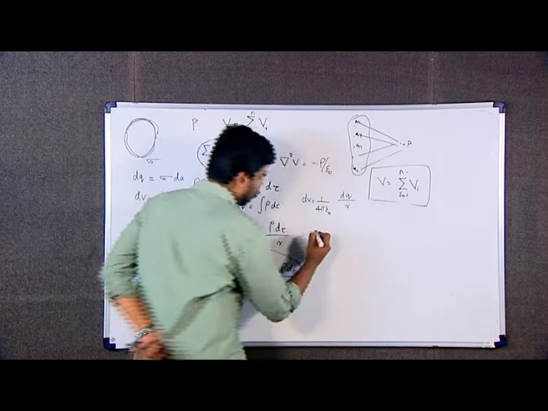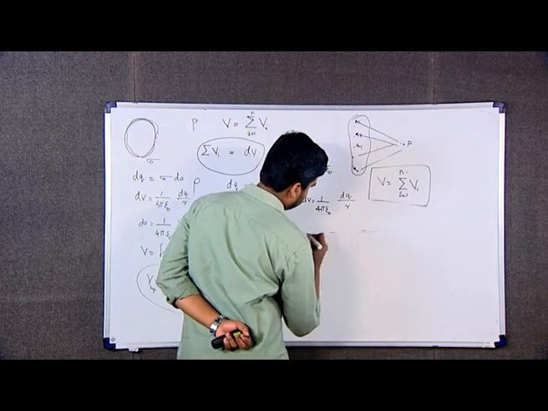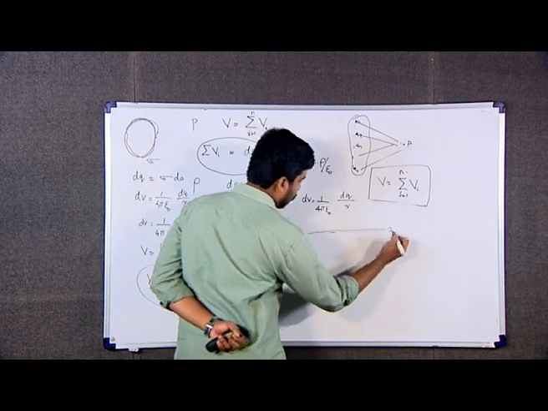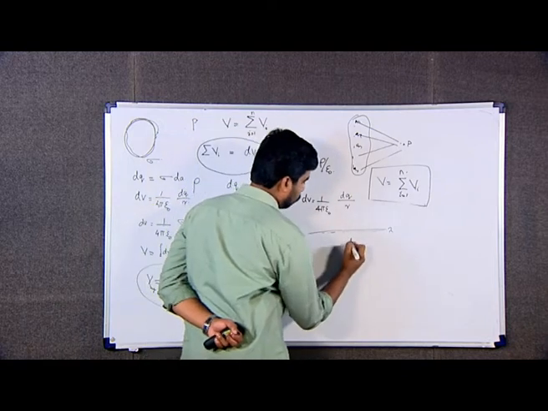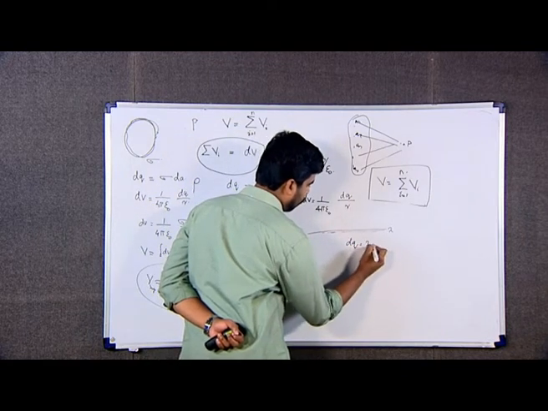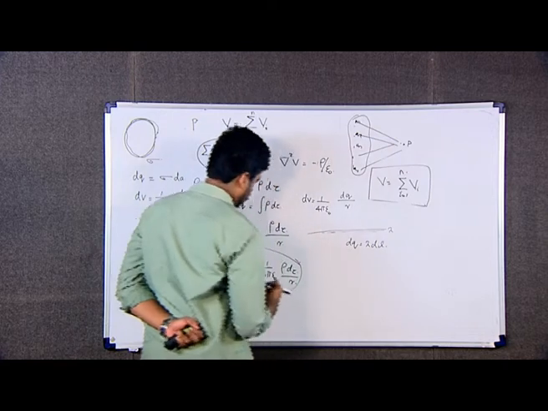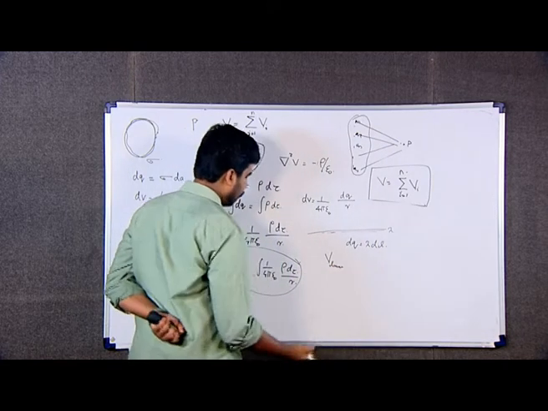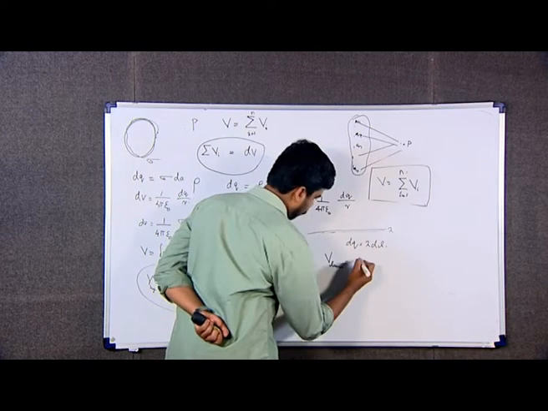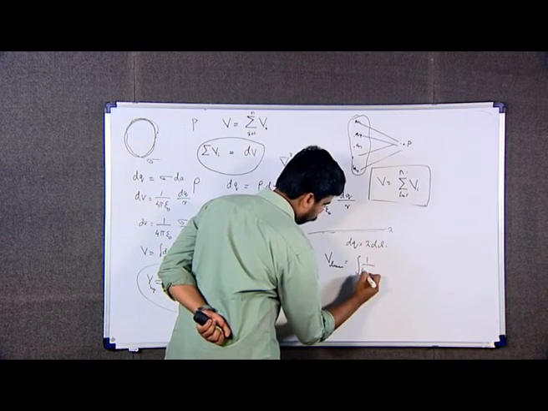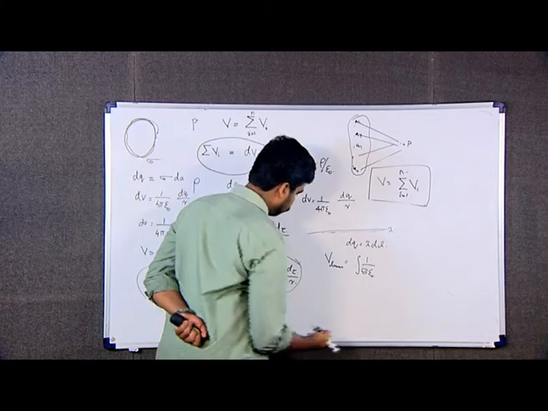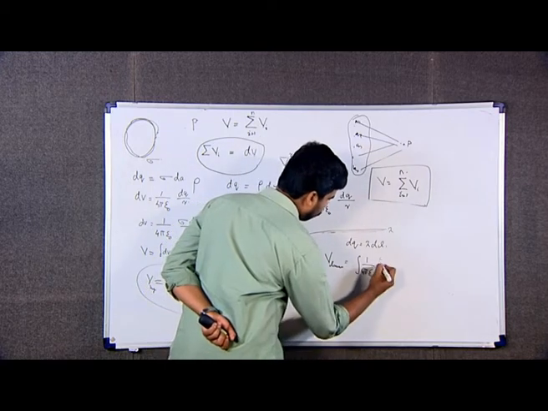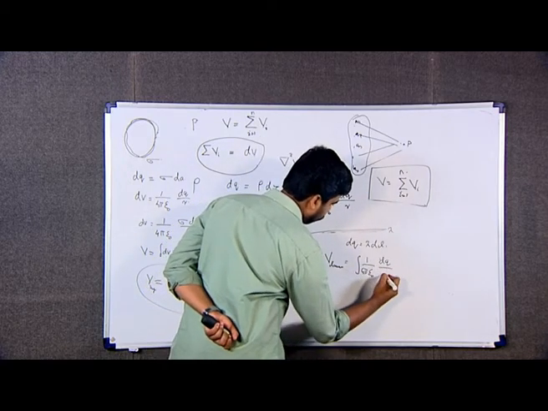And if the charges are arranged in a linear way, and the linear charge distribution is lambda, I can write dq is equal to lambda dl, and V linear is equal to integral 1 by 4 pi epsilon 0 dq by r.